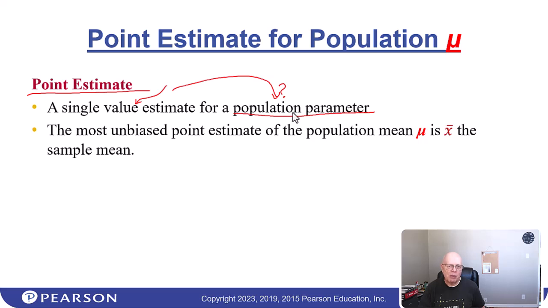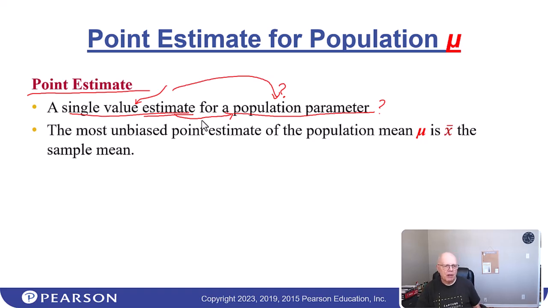Although this population parameter, we don't know. What we can do is take a sample and using that sample, get an estimate. This estimate will say, you know something? I think the population parameter is probably pretty close to this estimate I just got.